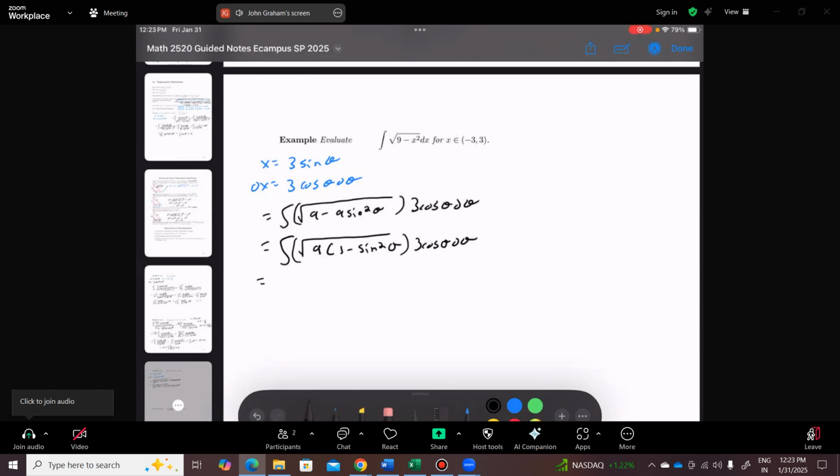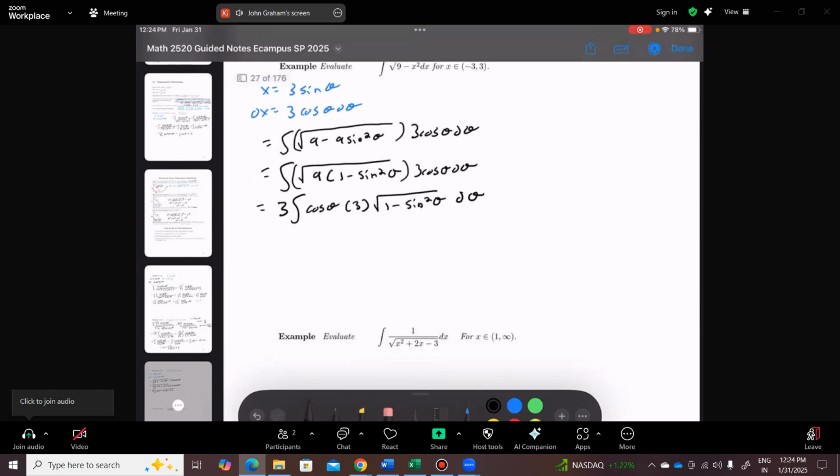I am going to pull the 3 to the outside, and then we have square root of, well, I'll do it in a few steps. So here I'm going to pull cosine theta first. Square root of 9 will give you 3, so you have another 3 coming out, and then square root of 1 minus sine squared theta d theta. That 3 can come out in front, you get 9 cosine theta, square root of cosine squared theta d theta.